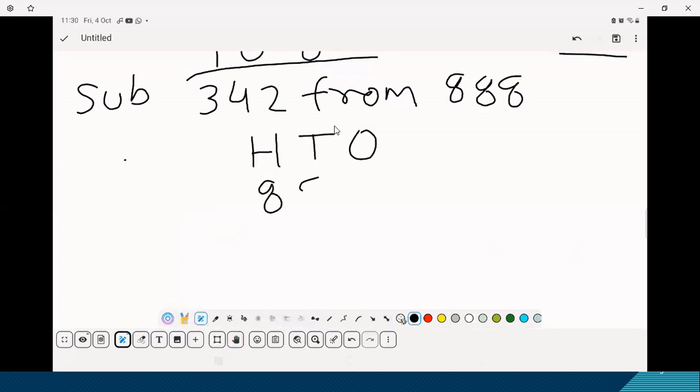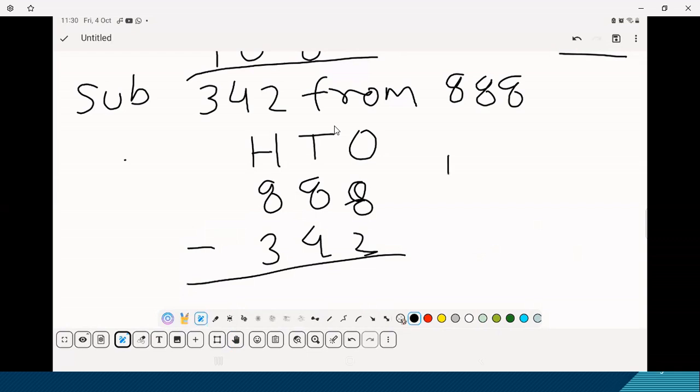That is 888 minus 342. Simply we need to subtract 2 from 8. So simply you have to count 8 till 8 after 2. 3, 4, 5, 6, 7, and 8. So how many you get? 6 lines. So here 8 minus 2 is 6.